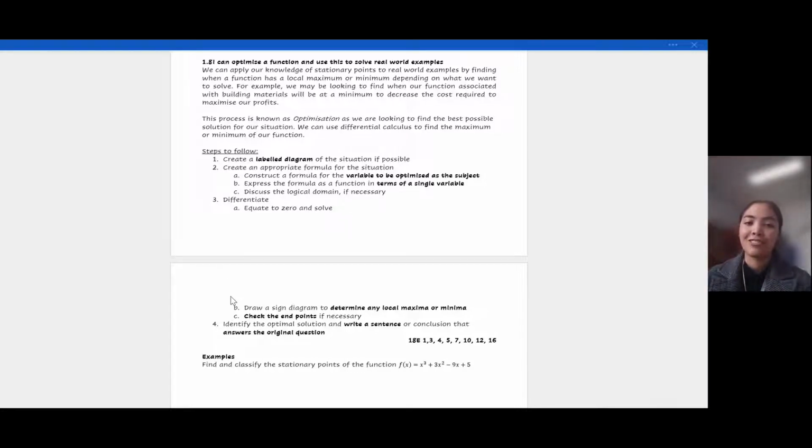To figure out if it's a local maximum or minimum, I need to create a sign diagram and plug in points as necessary, as well as checking my endpoints. The two endpoints of the domain that you've picked could potentially be local maxima and minima, so we need to check that they're not worth investigating.